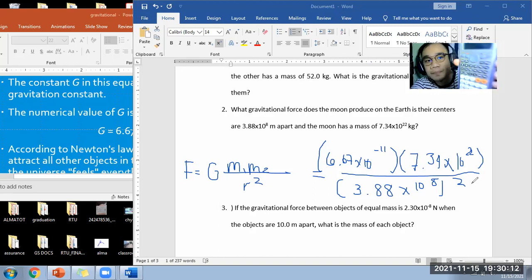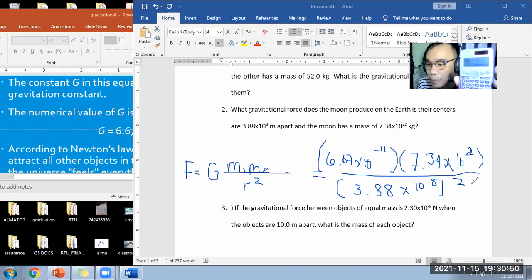Ayan. So, pindutin mo lang 3.88. Ayan, 3.88. Tapos yung exponent na to, ayan, exponent. Papansin mo dyan, exponent. Then 8. Exponent niya ay 8. Tapos, pag in-enter mo yan, automatic ilalabas na yung corresponding value niya. Tapos i-squared mo siya.